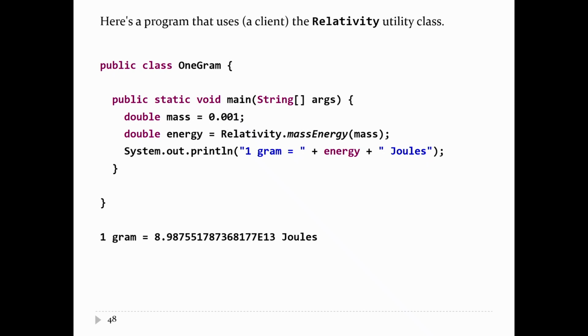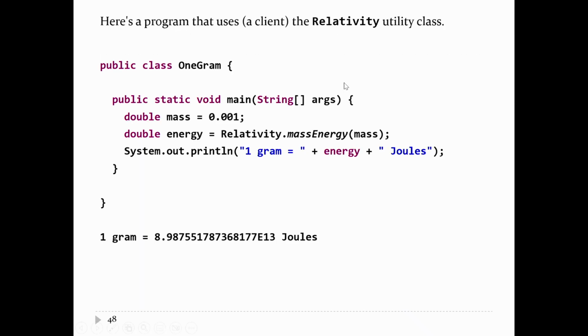If you print out the value, you end up with roughly 9 times 10 to the 13 joules. That is a large number. It indicates that if you could convert 1 gram of mass into energy, you would end up with a lot of energy, which is one of the reasons why nuclear reactors are so useful. That's roughly the amount of energy equal to the atomic bomb that was dropped on Hiroshima.